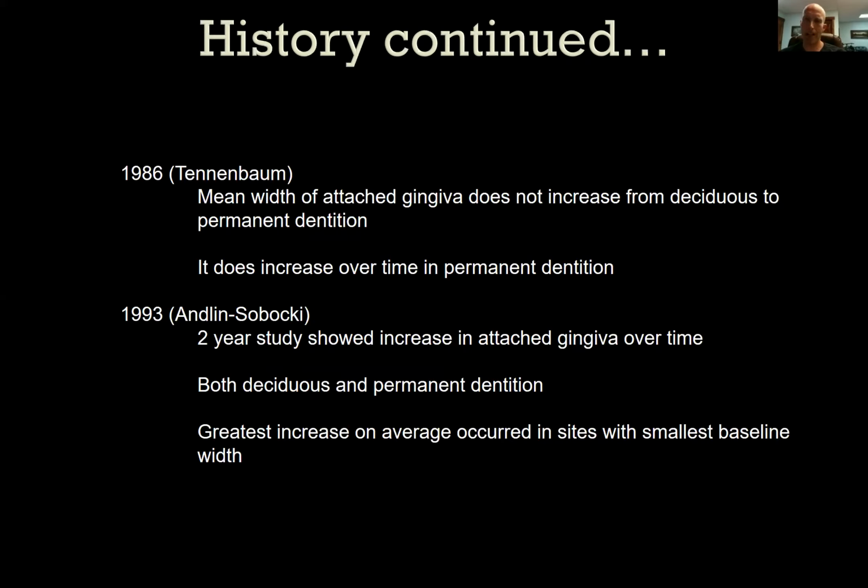The bottom line of all of this is that attached gingiva does increase over time. And according to Bowers, there is a minimum necessary amount of attached gingiva. We'll talk more about that later in the lecture, but I might challenge that just a little bit.